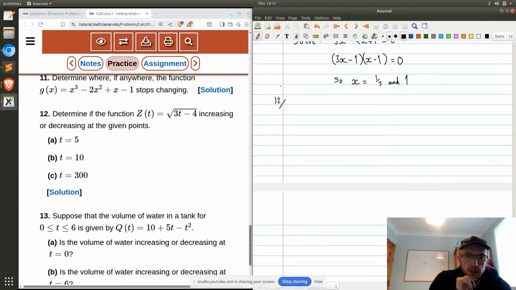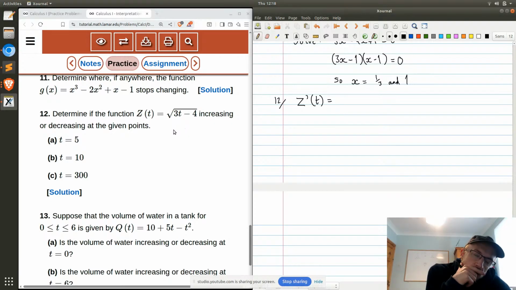Right, so we have the function z of t, which is the square root of all of 3t minus 4. And we need to determine if it's increasing or decreasing at these given points. So we need to find z prime of t. How to do that?